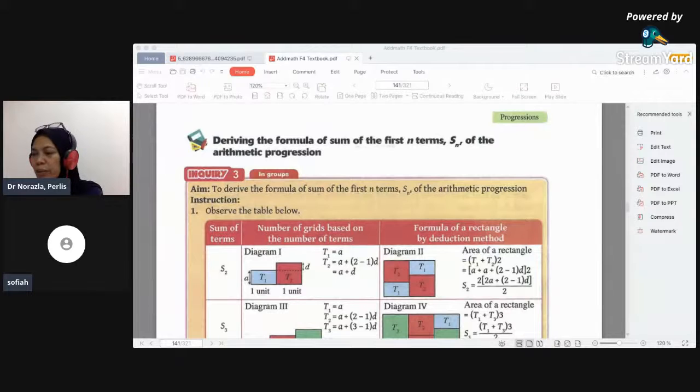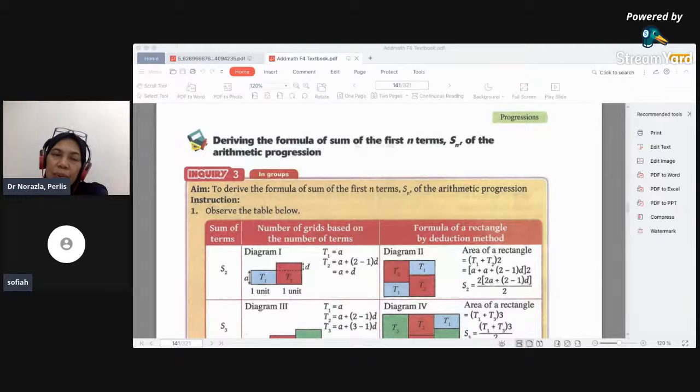Because we already know the formula of Sn, which was explained the other day. So we tell them that 2 minus 1 comes from n minus 1 times d from the formula.